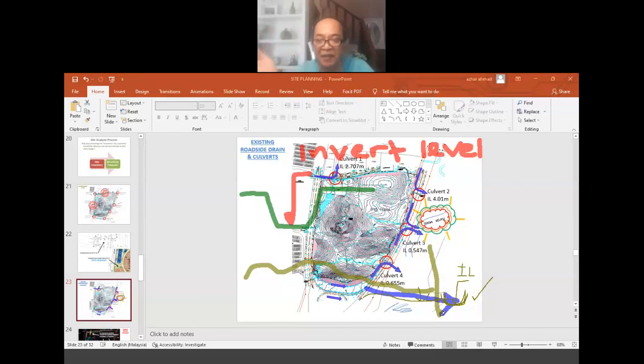So the invert level of the drain will control the level on the inside of our site. This is another advantage.